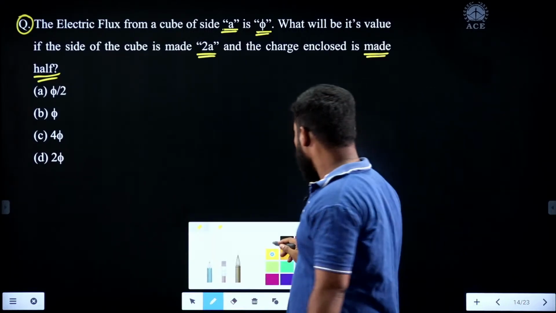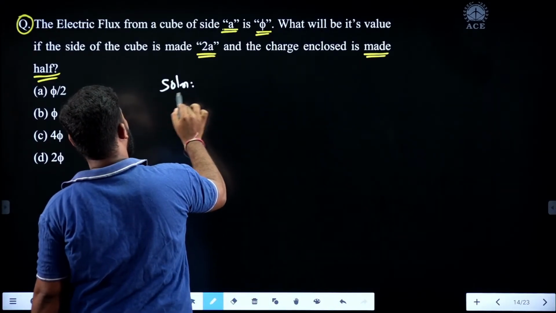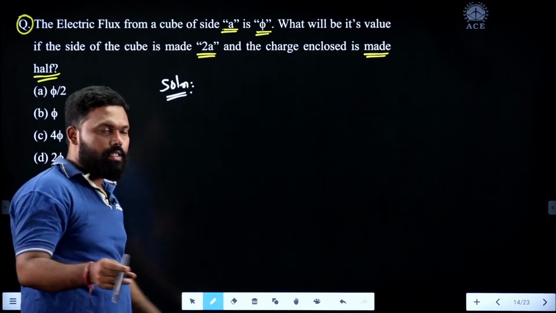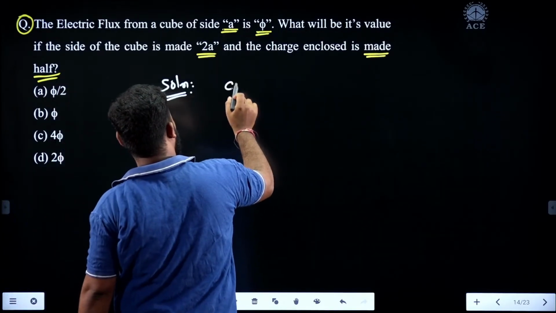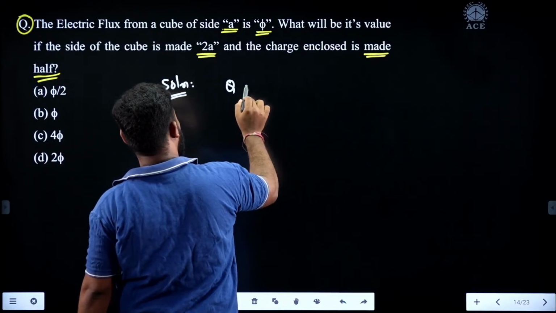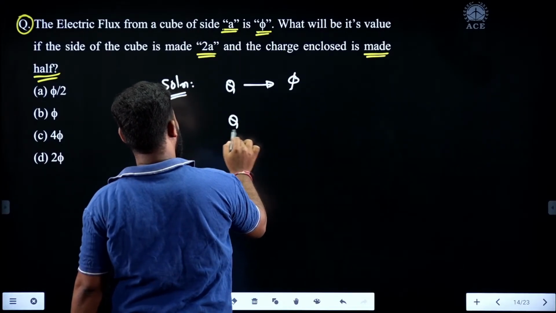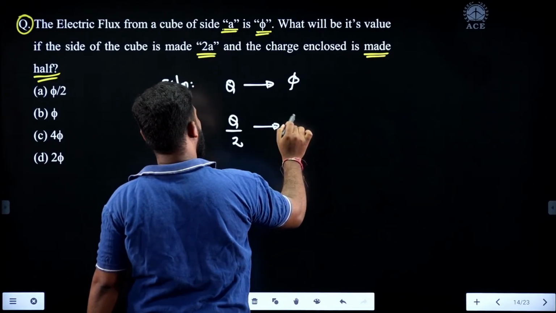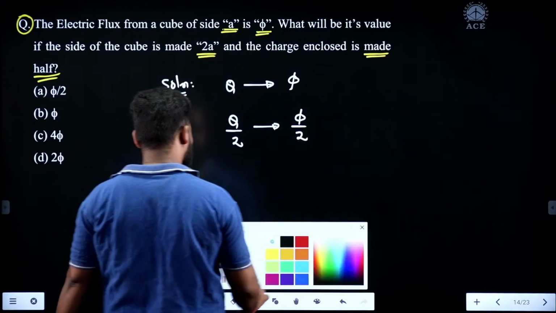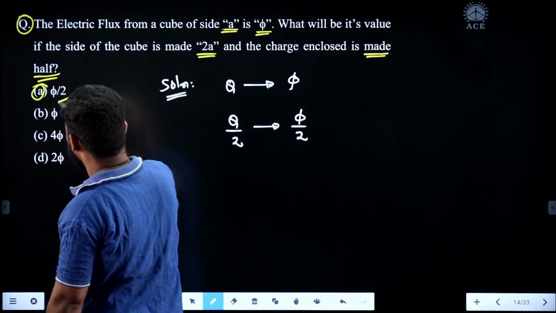Here the side of the cube has no effect, isn't it? For the charge enclosed Q, the flux is phi. If the charge enclosed is halved, this will become phi by 2. That's how simple it is. So it is phi by 2. Option A is the answer.